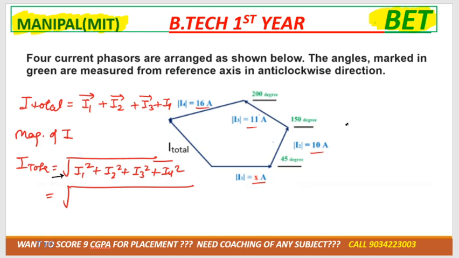And then they'll ask you the angle. The formula for theta is basically tan inverse of I total divided by I1. I total you will get from above, from here, then divided by I1 because it starts from I1 and the angle is measured anti-clockwise. Okay, so this is how you can get the magnitude and the theta.